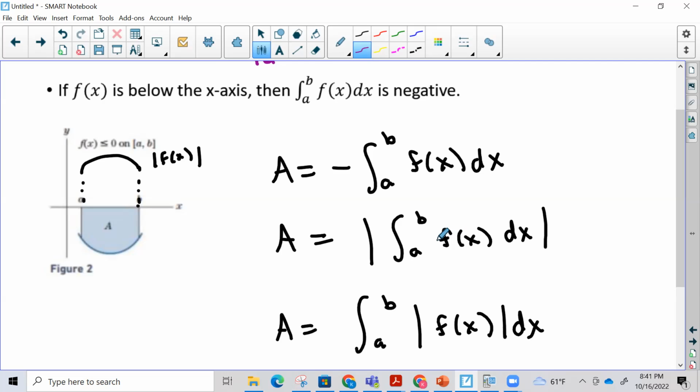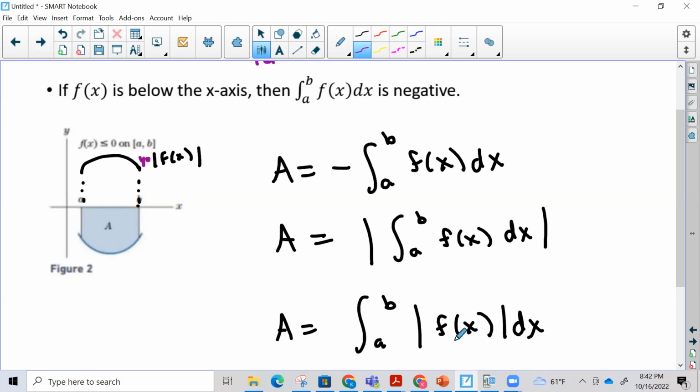Or I can take the integral and then do the absolute value of it to make it positive. Or you can take the absolute value of the function, which reflects it over the x-axis. So this would be the function y equals the absolute value of f of x, and then take the definite integral of that. Now to do this, we usually can use the calculator command, which I will show you.